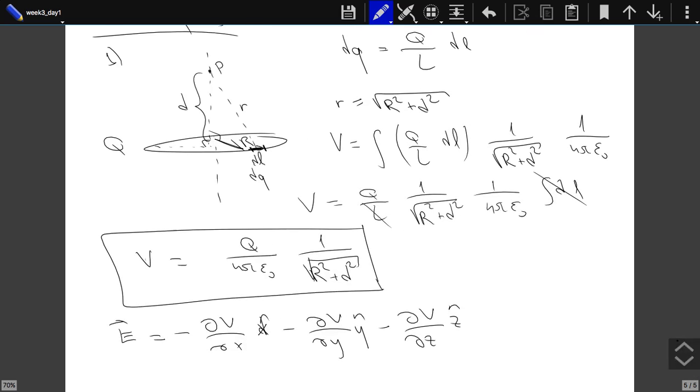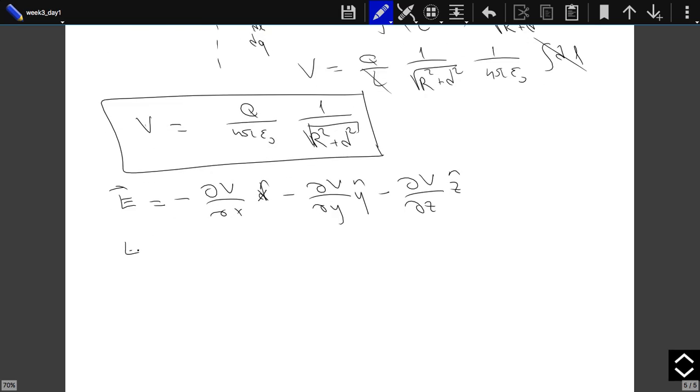But the problem is here in this expression we already set x equal to 0 and y equal to 0. So we don't know how this potential depends on x and y coordinates. So we cannot take the x and the y derivatives. But what we can do is take the z derivative, because the z coordinate of that point is nothing but d.